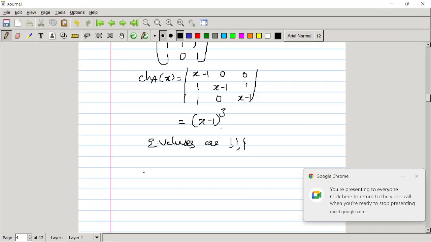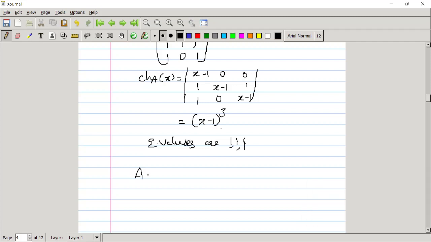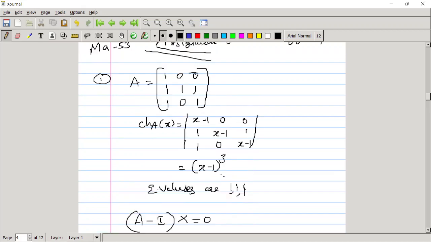So let's find the eigenvector for this matrix. We have to consider (A minus I) times x equal to 0, because the eigenvalue is 1. We have to find the solutions for this equation.